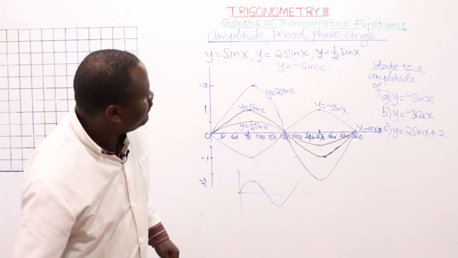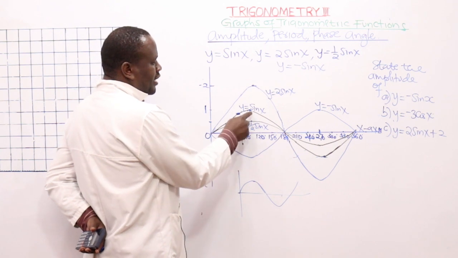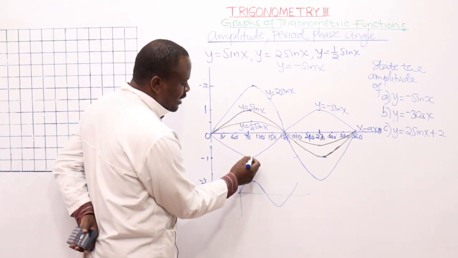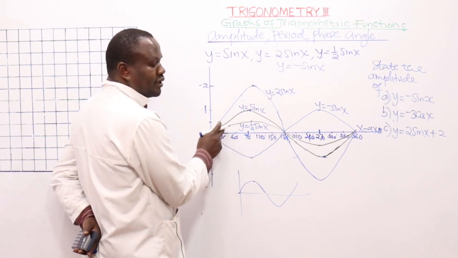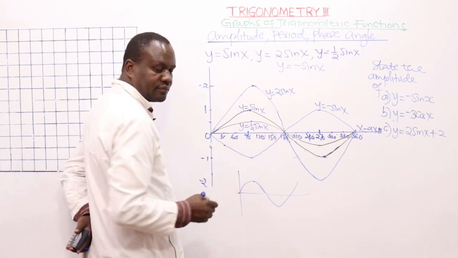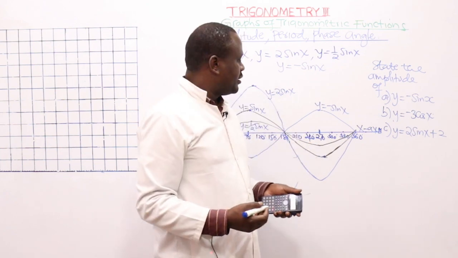Why? Because for every value that you get, if the sine of 90 is 1, you multiply by negative 1, it becomes negative 1. If the sine of 30 is 0.5, it becomes negative 0.5. So the values interchange.